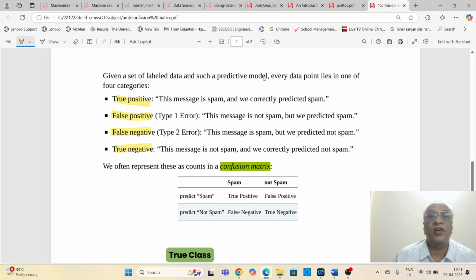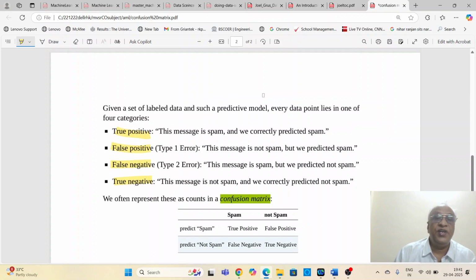Let us say we are predicting whether an email is spam or not. A true positive indicates the email is spam and it is predicted as spam. If the email is not spam but predicted as spam, that is a false positive.